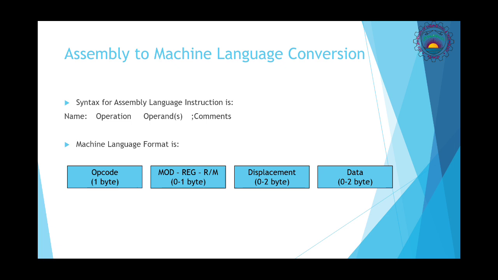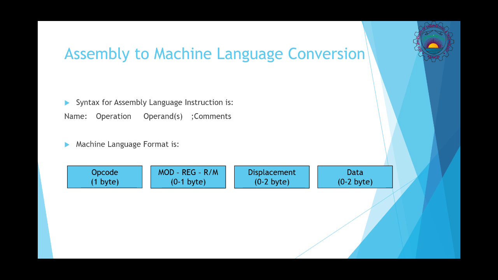The second byte is optional byte. Somewhere in instructions this will be present. In some other instructions that may not be present. So for mod field there are 2 bits. For reg field and r/m field there are 3 bits of code. So total 8 bit code is present in second byte.